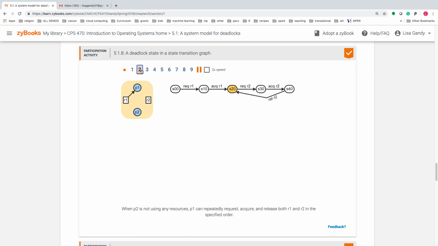Okay. And so it requests R1, then gets that, gets R2, then releases R1, then releases R2. Just what they're showing here. So that's P1's behavior without P2.